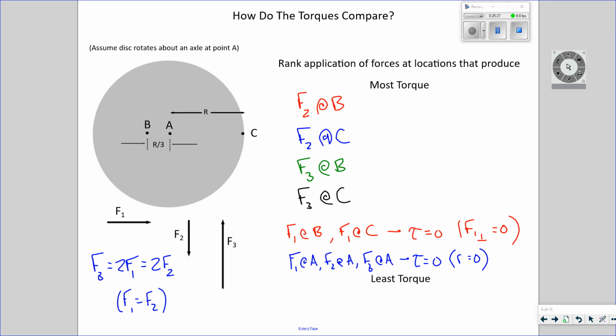So, biggest and smallest. It should be hopefully clear that F3 at C is the biggest. Why is that? Because we get the most force at the biggest distance. And we can actually express the torque.